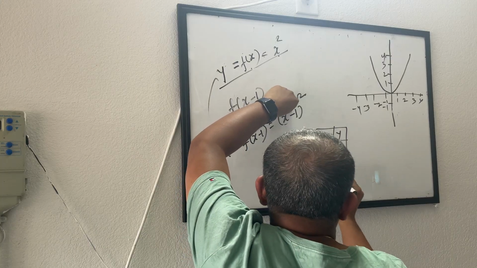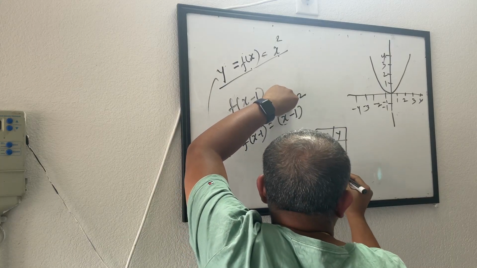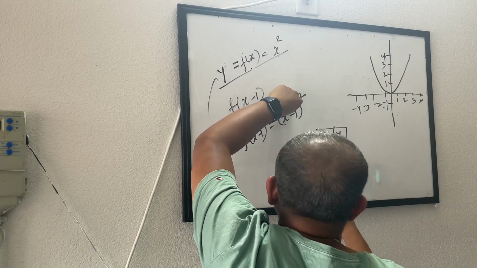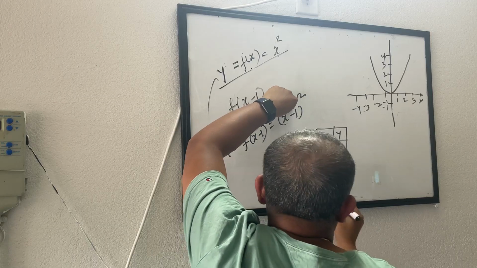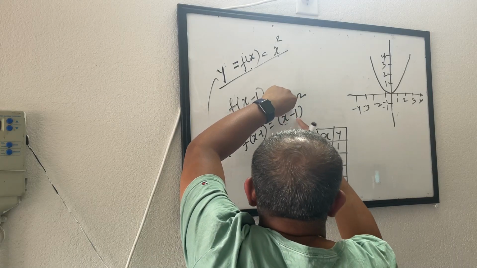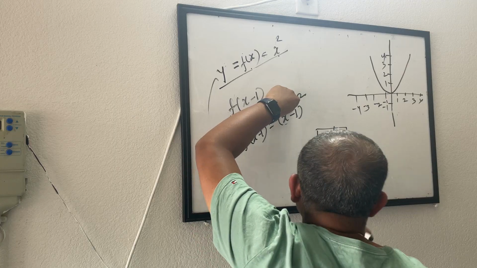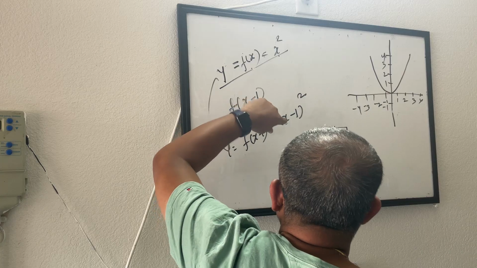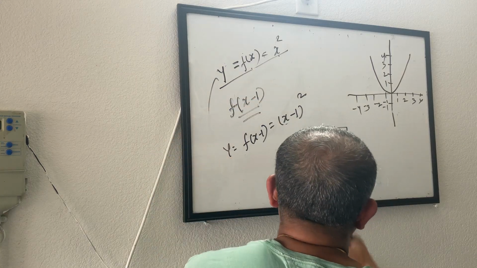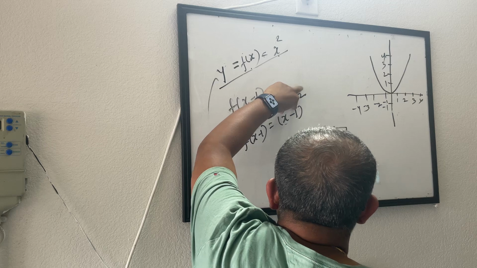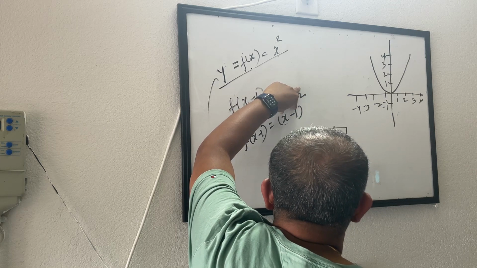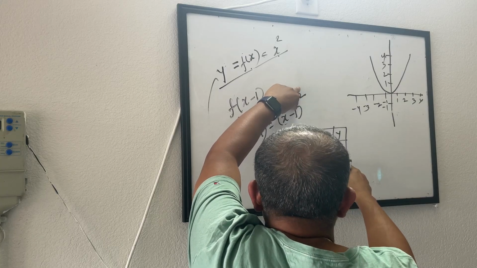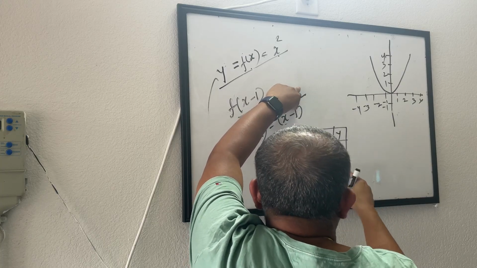When x is 2, 2 minus 1, that is 1 squared.